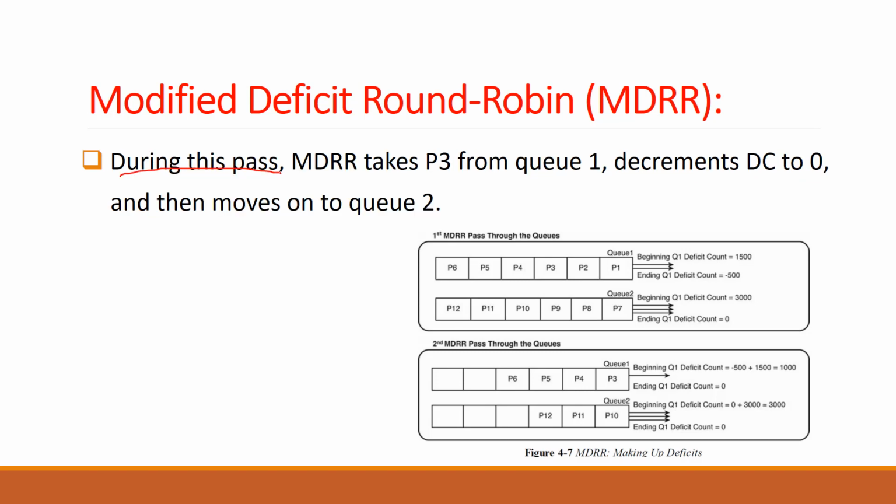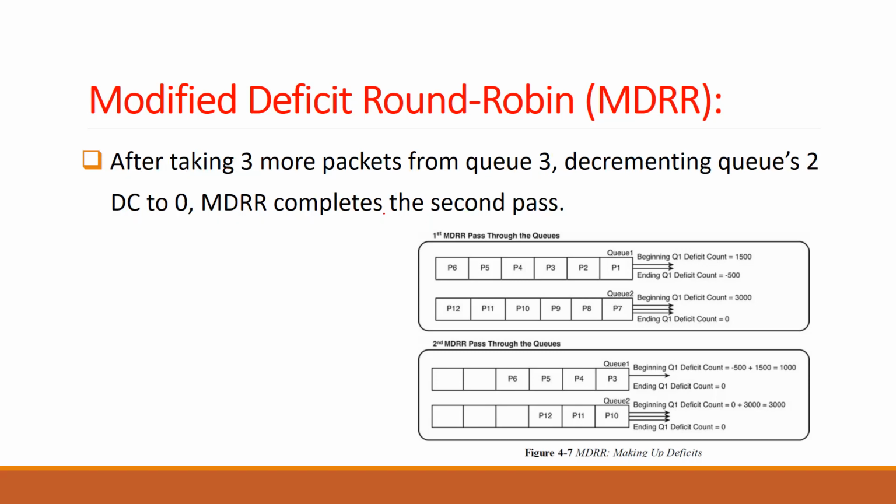During this pass, MDRR takes B3 from Q1, decrements the deficit counter to 0, and then moves on to Q2. After taking 3 more packets from Q2, decrementing the Q2 deficit counter to 0, MDRR completes the second pass.